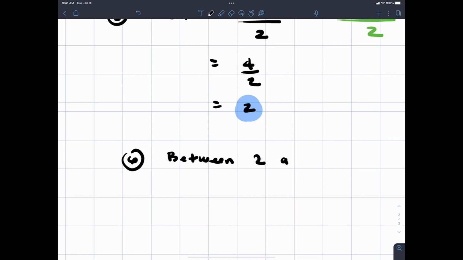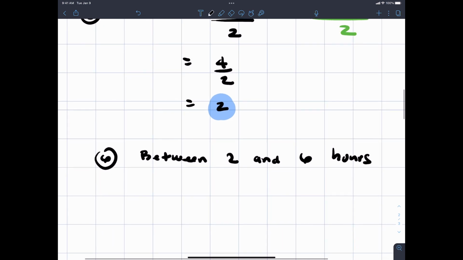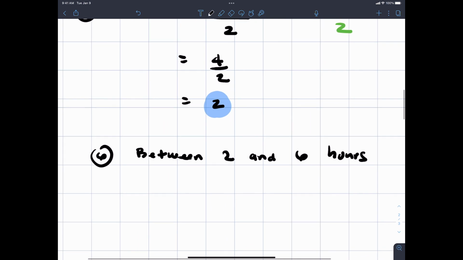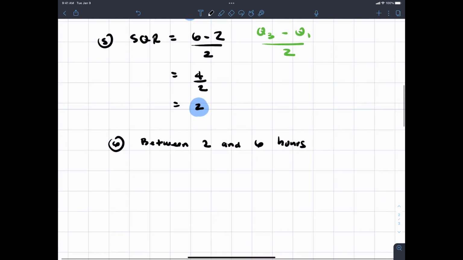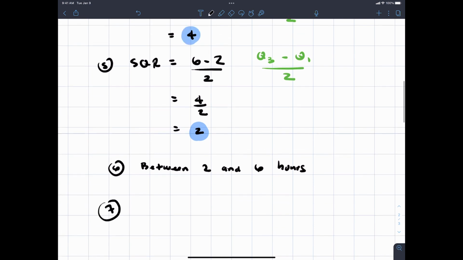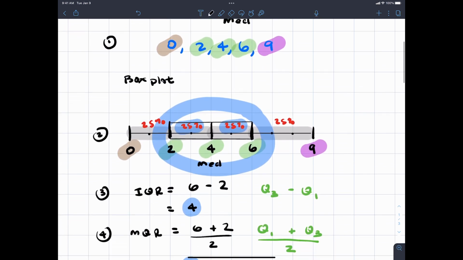That's the middle 50%. That's just reading a box plot, ladies and gentlemen. Okay? So they want you to just learn how to read a box plot. Okay, between 2 and 6 hours. That's the middle 50%. Now, let's continue here and see what else they're talking about.